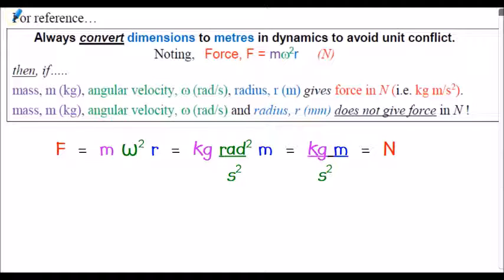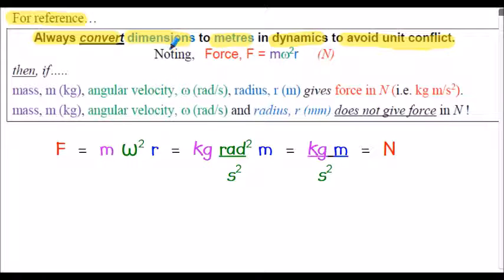Here's a brief note for reference. Always convert dimensions to meters in dynamics to avoid unit conflict. So when we've analysed static problems in the past, it hasn't really mattered whether we've used dimensions in millimeters or meters. However, when dealing with dynamics, we need to be much more careful.